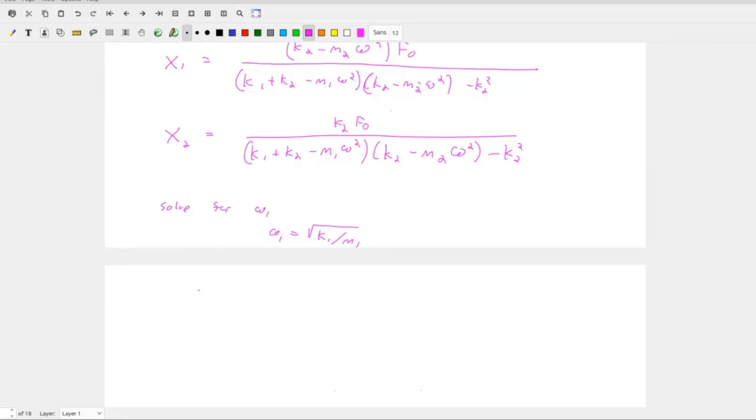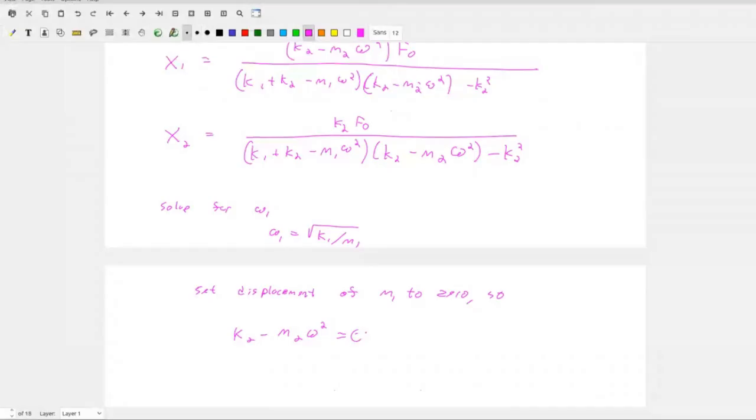So let's set the displacement of m1 to 0, right? So we have k2 minus m2 omega squared equals 0.